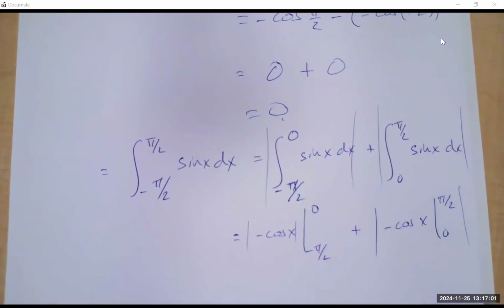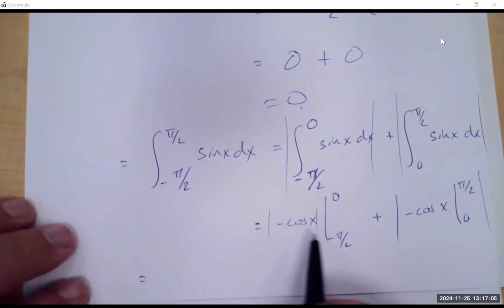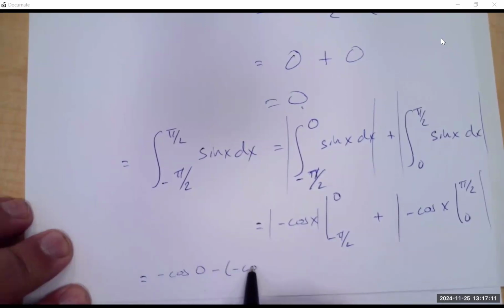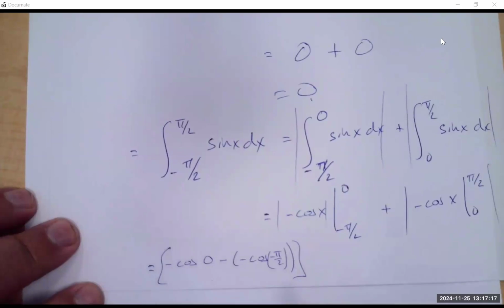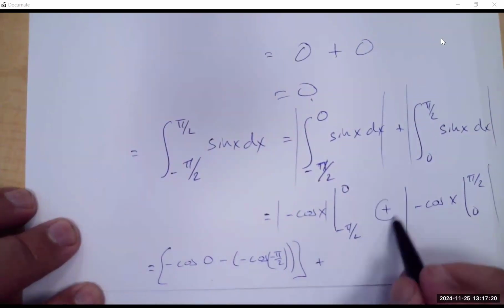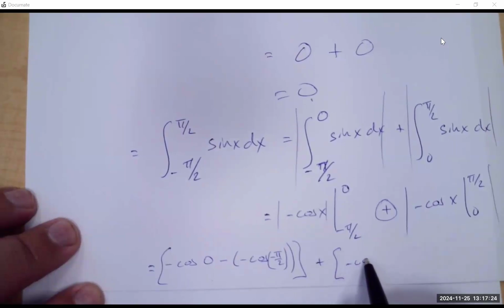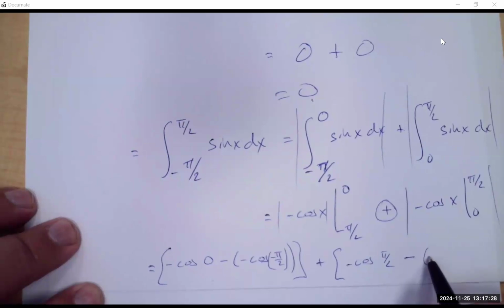Whatever value I get, I'm going to drop the negative. So I have negative cosine of 0 minus negative cosine of negative pi over 2. That's the first part. Then I add them. I get this side: negative cosine pi over 2 minus negative cosine 0.